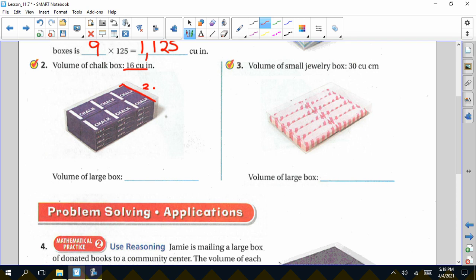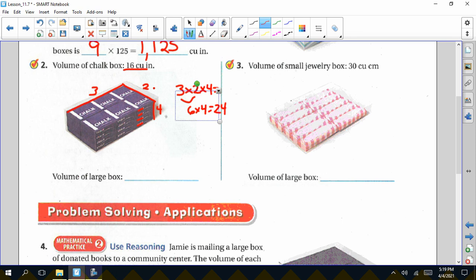It's 3 boxes long, and if you look down the word chalk on the side, there are 4 rows. So 3 times 2 times 4 is 24. There are 24 boxes of chalk inside of our larger box.